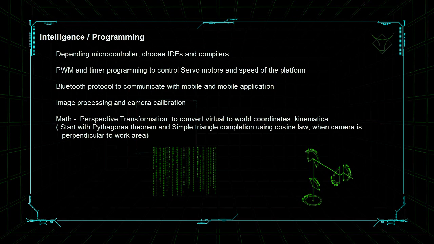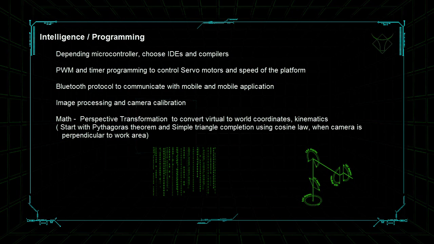Then we have the communication protocol, which has to be integrated to communicate with mobile. Here we are using Bluetooth, so we will require a Bluetooth radio module which sends and receives data to mobile, and we require a mobile application for the user to select the shape.